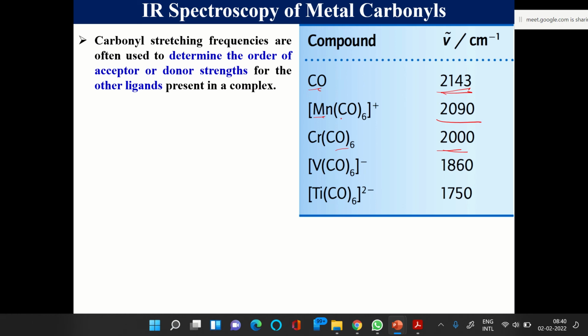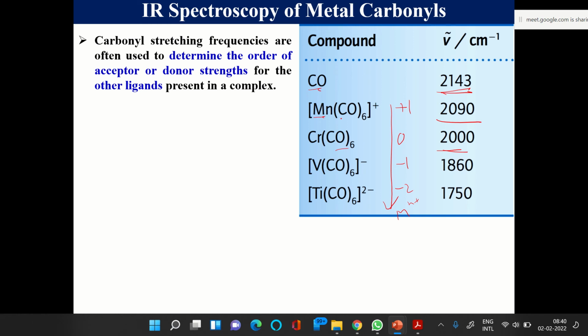In these compounds that you see, gradually from the Mn to titanium, there is an increase in the negative charge on the metal: +1, 0, -1, -2. So from a positive charge on the Mn, you are having a -2 charge on the titanium.